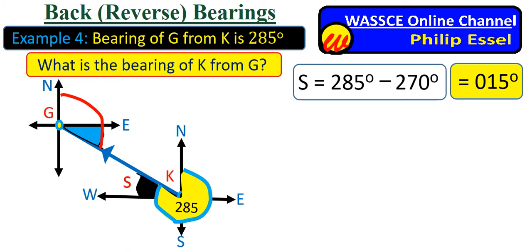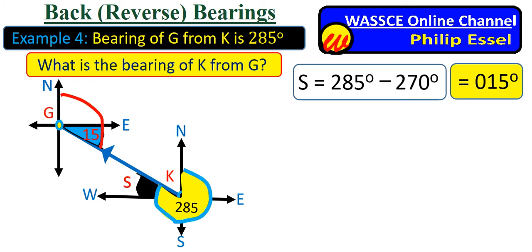What this means is that the blue angle is also 15 degrees. At this point, it will be easier for us to find the bearing of the point K from G, that is marked by the red arc.